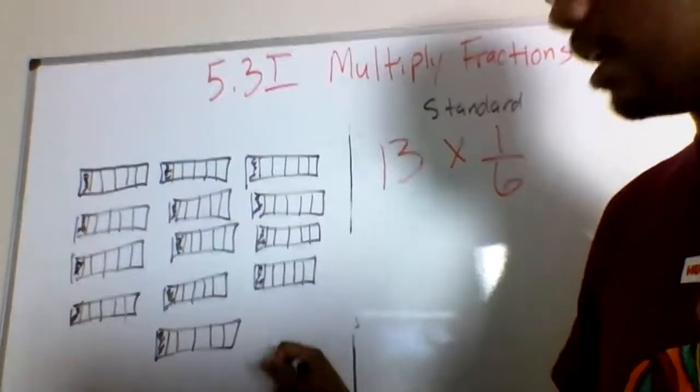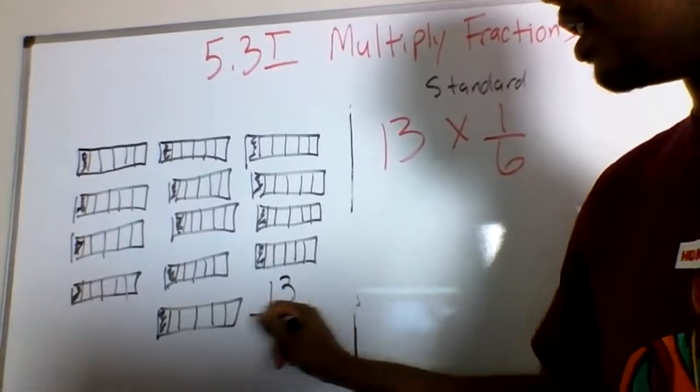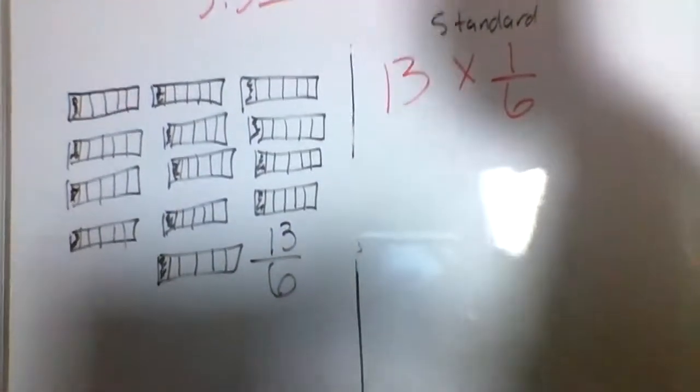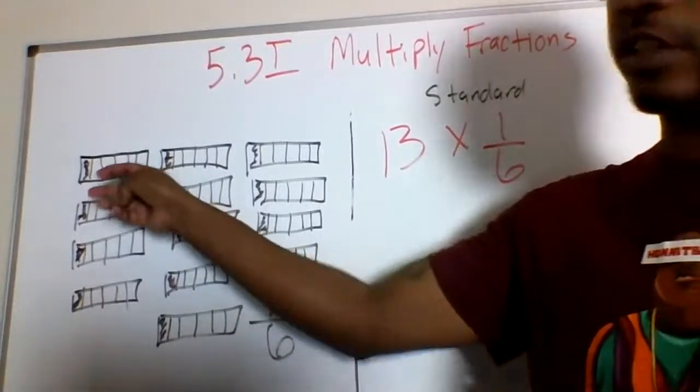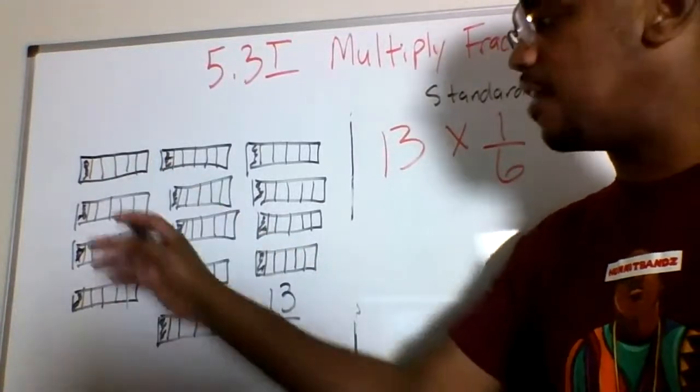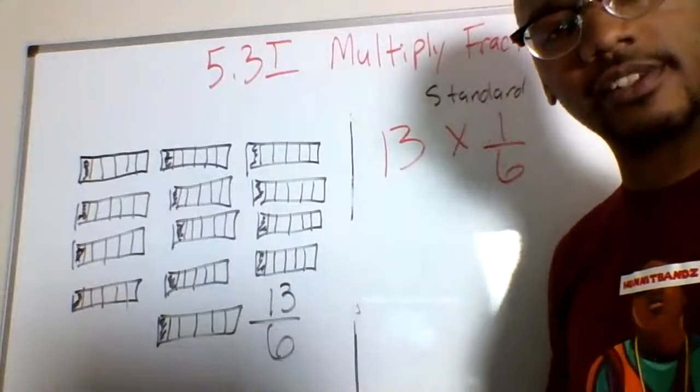So what you'll get is 13 6s, right? So if each piece is worth 1/6 and you have 13 of them, that's 13 6s.